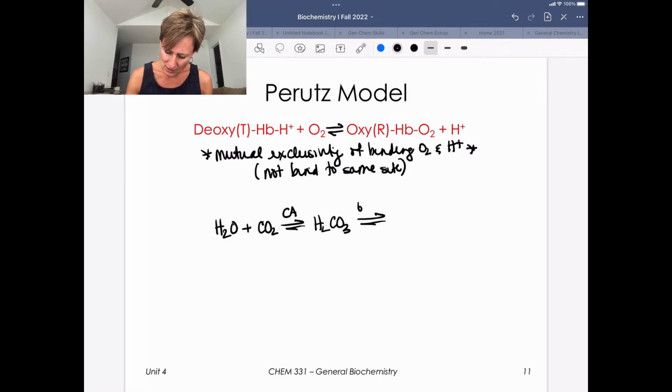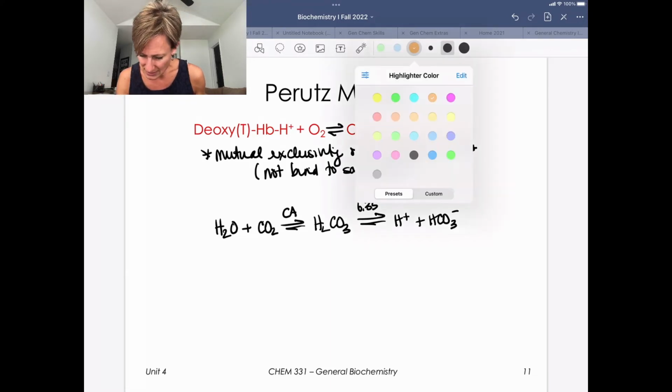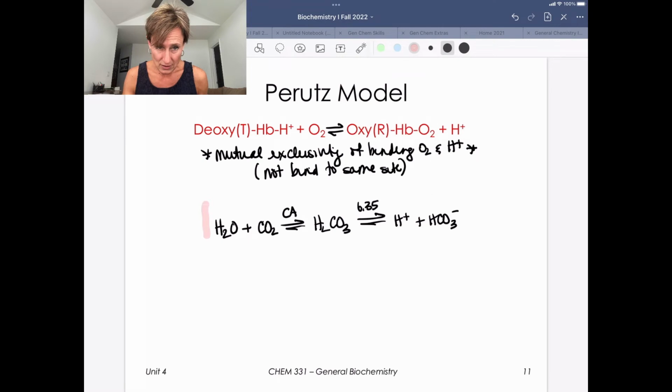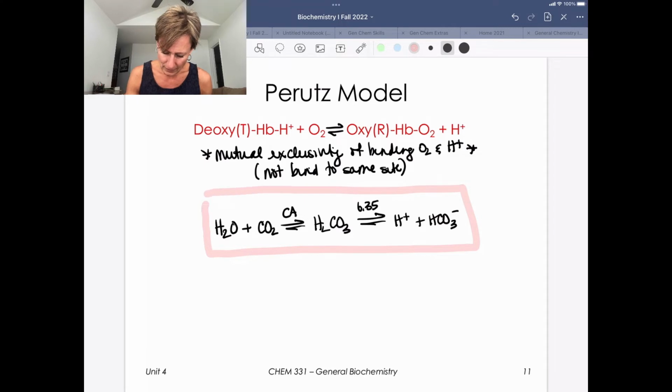And because of a pKa of 6.35, that weak acid dissociates into H plus and HCO3 minus, okay? So this is our CO2 elimination equation.